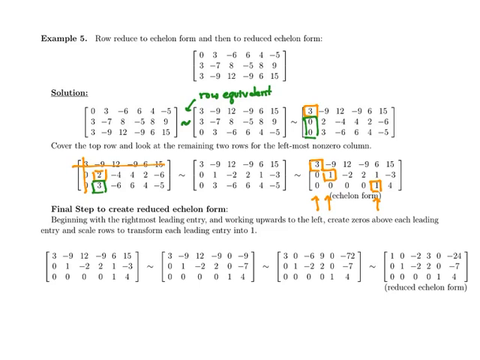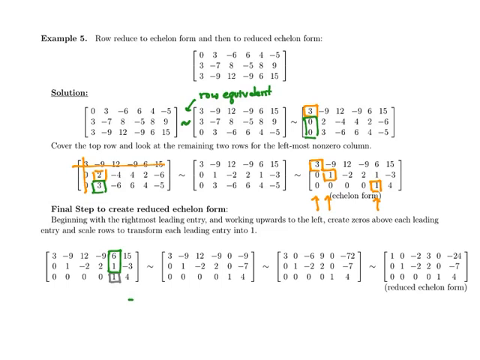All right, to create reduced echelon form, we're going to create ones in the pivot columns. We're going to try to get zeros above them. So we're going to work from the bottom up. It's not necessary, but I think it's useful here. Looking at our pivot, it's a 1, and I'm going to try to zero out everything above it using those same row operations.